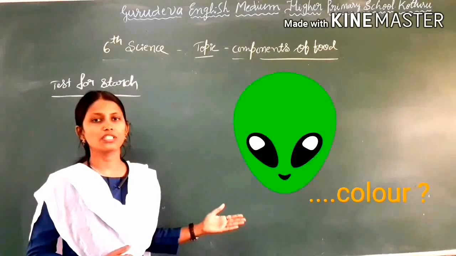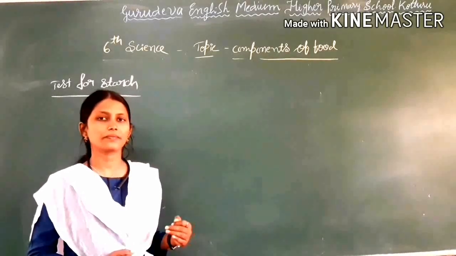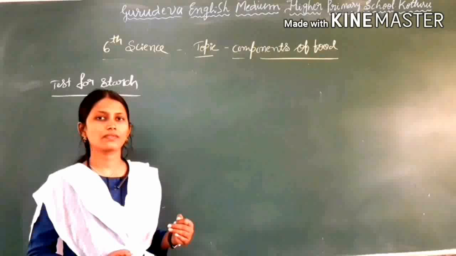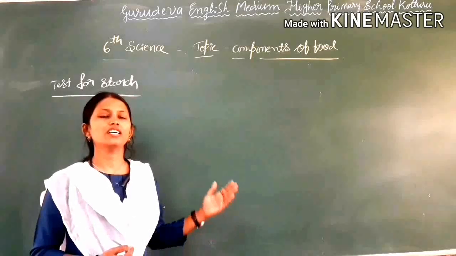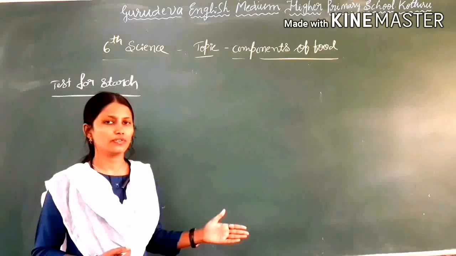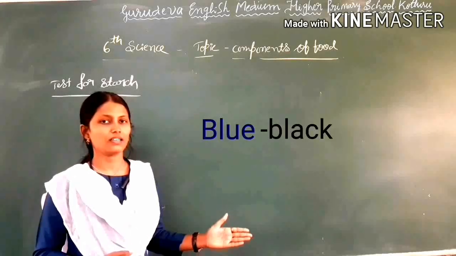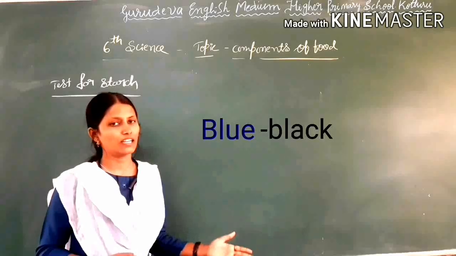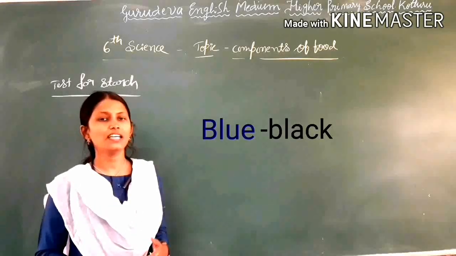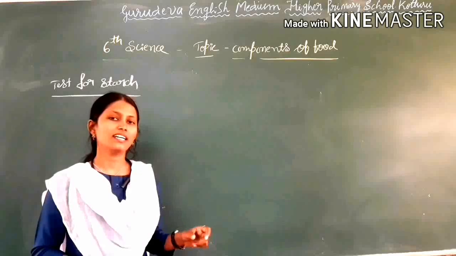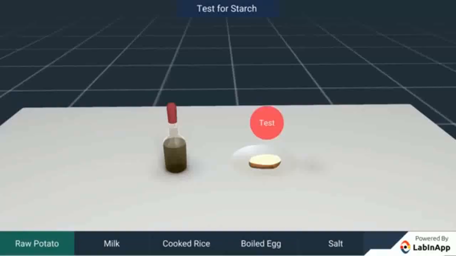If there is a change in color, it shows the presence of starch. Yes, the food item turns blue-black. If it turns blue-black, it indicates that the food item contains starch.